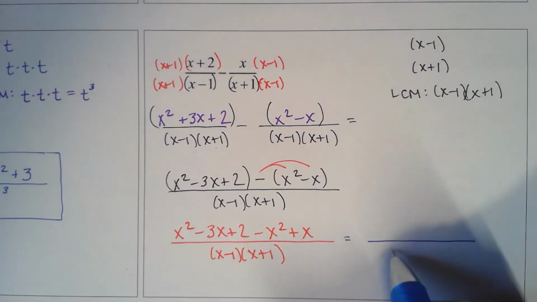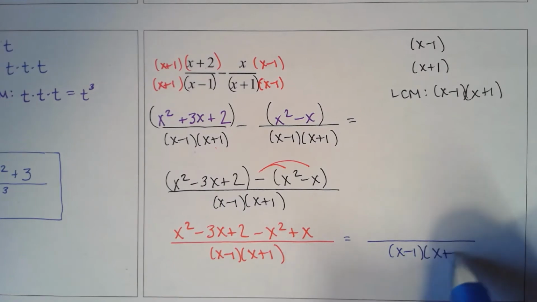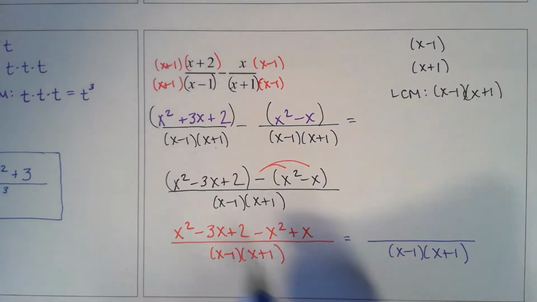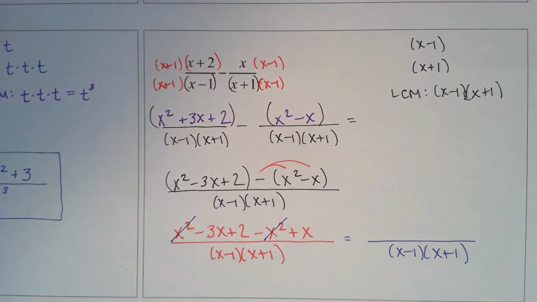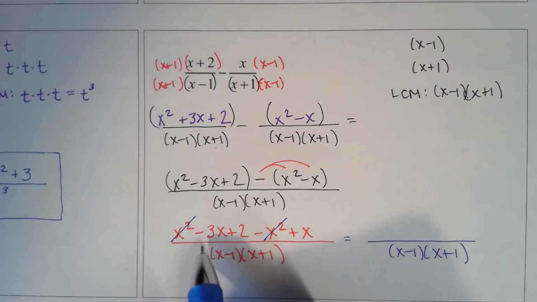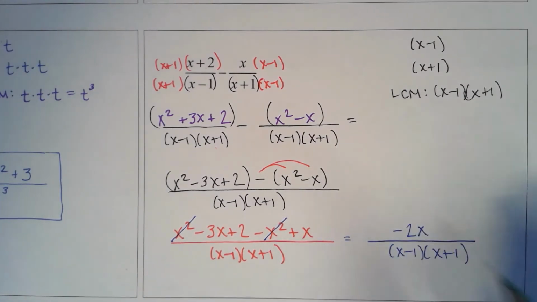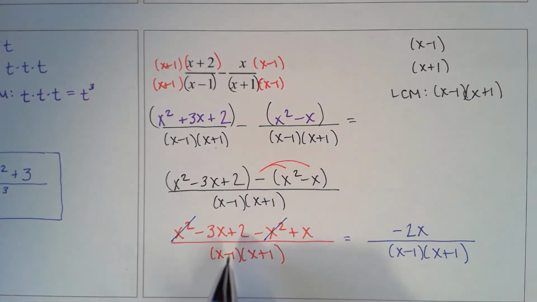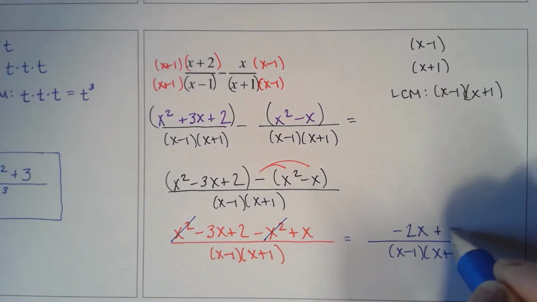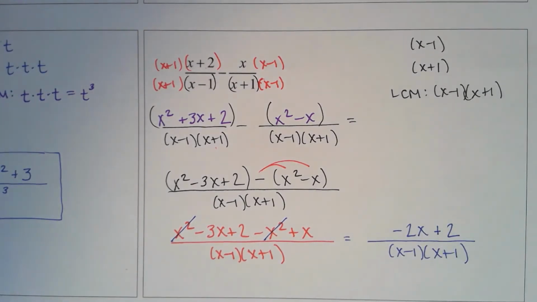My denominator is still x minus 1 and x plus 1. And in my numerator, I have an x squared and a minus x squared. I like that. Let's see, I've got 3x plus x, so I'm left with 4x, and then a plus 2. Making sure I got all my stuff in there.